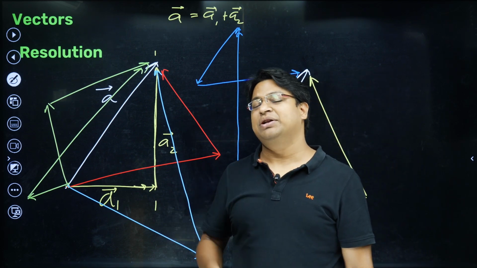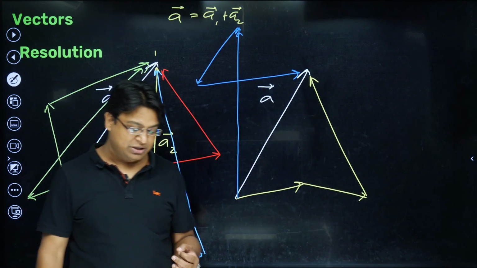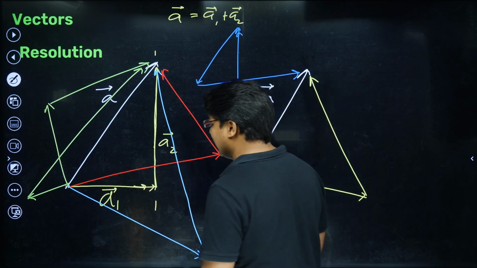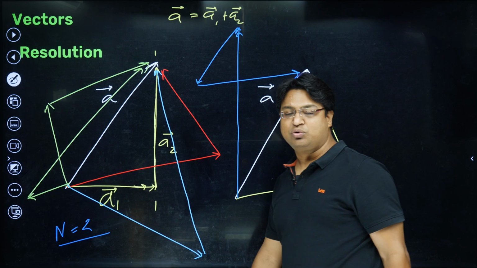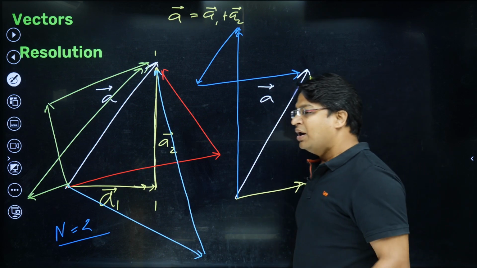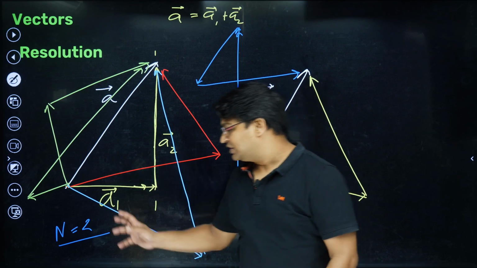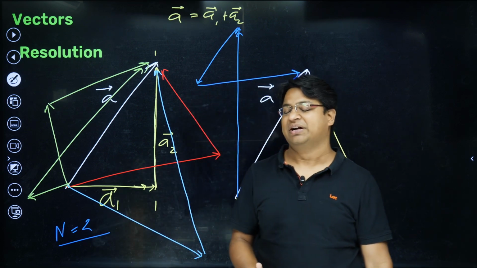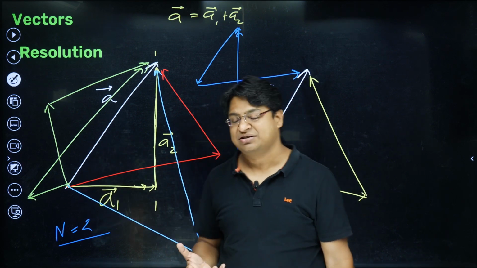The second point that you need to keep in mind: let's say I've chosen the number of components I want to make. Let's say I want to make 2 components. The moment I have fixed my n, I have decided that I want to make two components, how many such pairs exist? What do you think, guys? If you have decided into how many components you are trying to break the vector, how many such sets will exist?